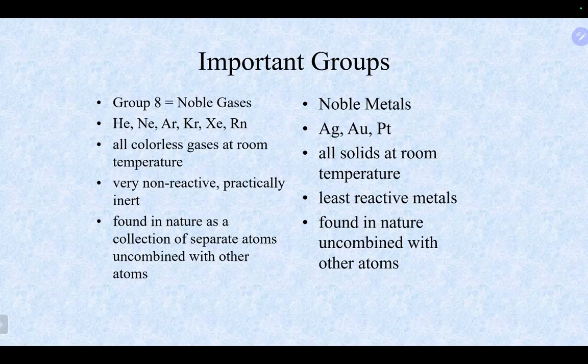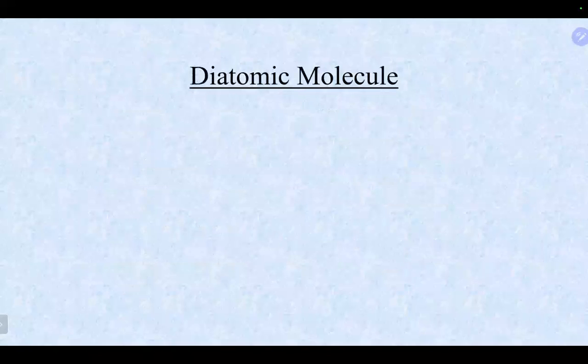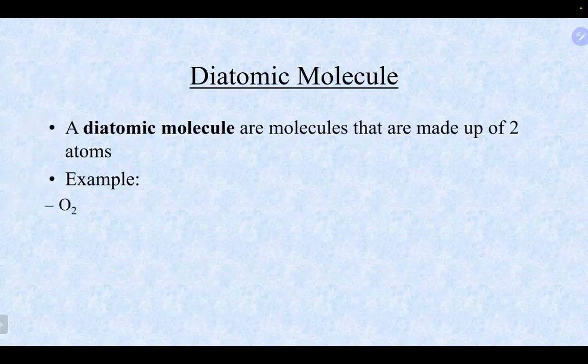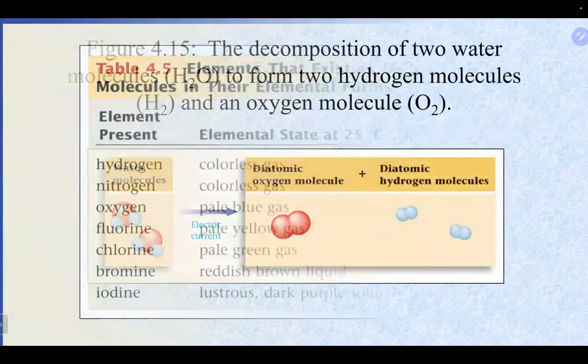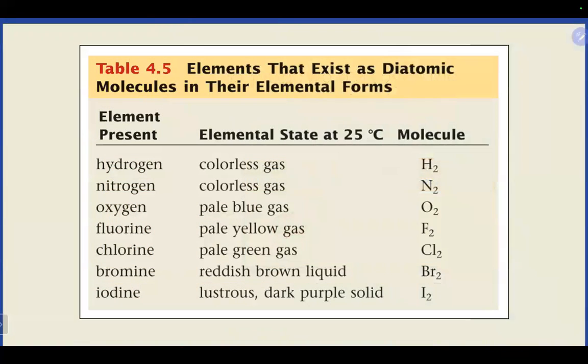If you had a piece of iron metal by itself, it has no charge. If you had chlorine gas, it has no charge. So things only really get charges when they start combining. And obviously those are diatomic molecules that we talked about, which is a lot of our non-metals.